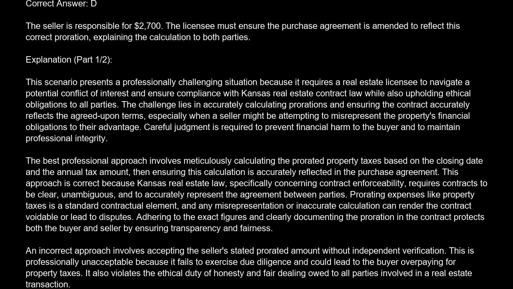An incorrect approach involves accepting the seller's stated prorated amount without independent verification. This is professionally unacceptable because it fails to exercise due diligence and could lead to the buyer overpaying for property taxes. It also violates the ethical duty of honesty and fair dealing owed to all parties involved in a real estate transaction.